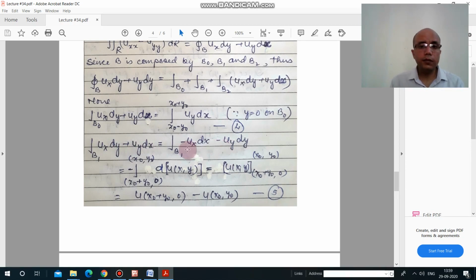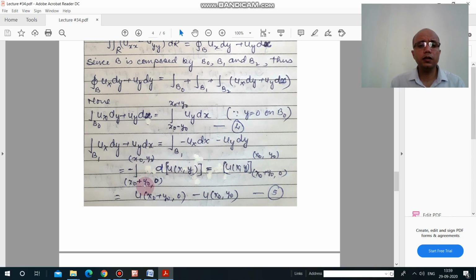Why have we written this? Because now this becomes a formula: ux dx plus uy dy, with the sign adjusted. Since u is a function of two variables x and y, if you write du, then du is ux dx plus uy dy. So this whole can be written as d of u(x,y), or simply du.